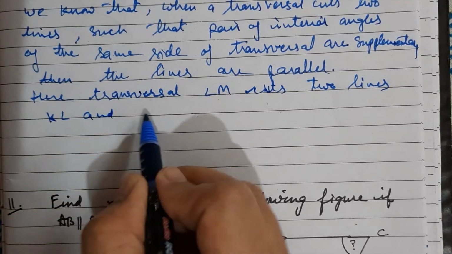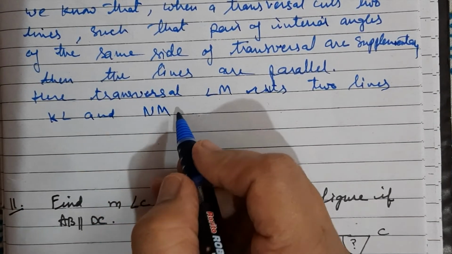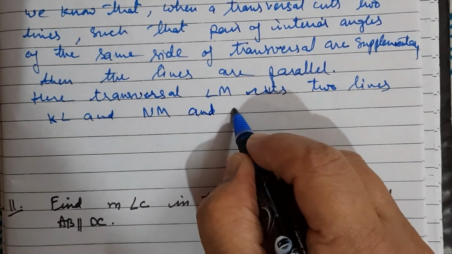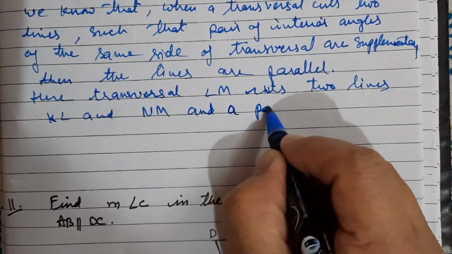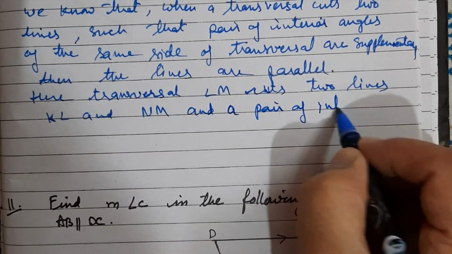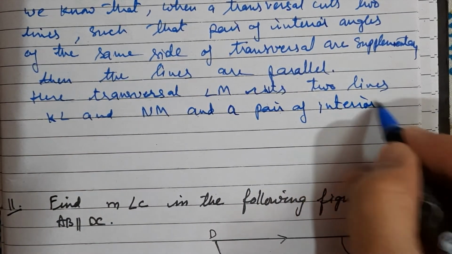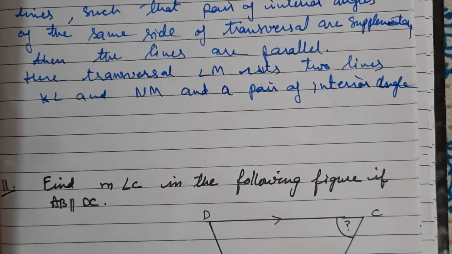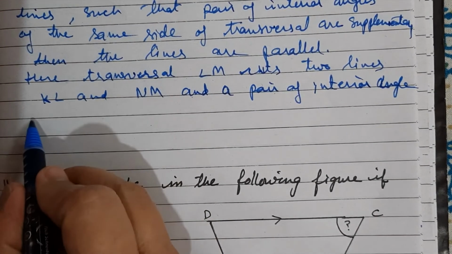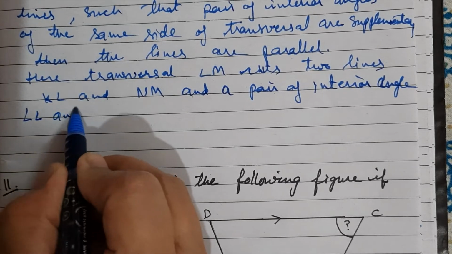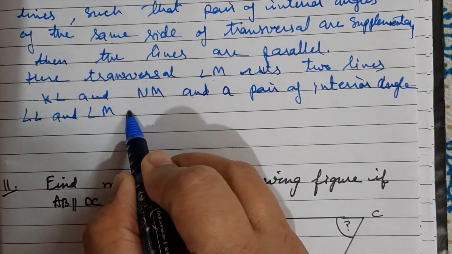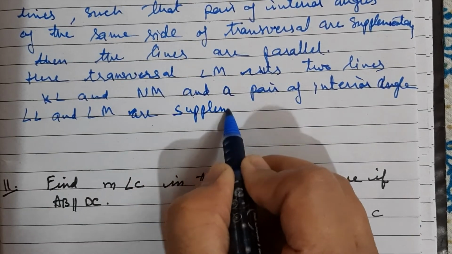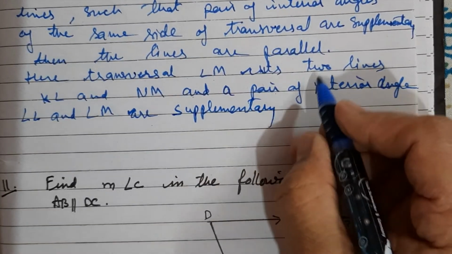KL and NM, and the pair of interior angles, angle L and angle M, are supplementary.